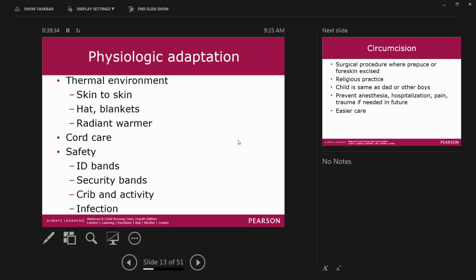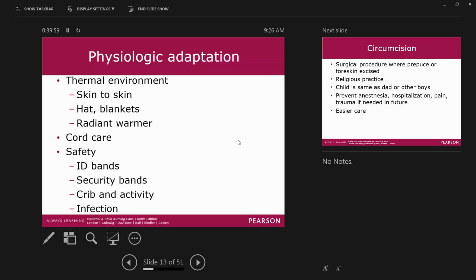Security bands are connected to the alarm system of the unit. So if baby tries to get out of the unit, those alarms will go off and the whole place will be locked down. You couldn't even badge through a door. If a baby alarm is going off, you can't even badge through the door, okay? The other thing is if the band comes off the baby, the alarm will go off.